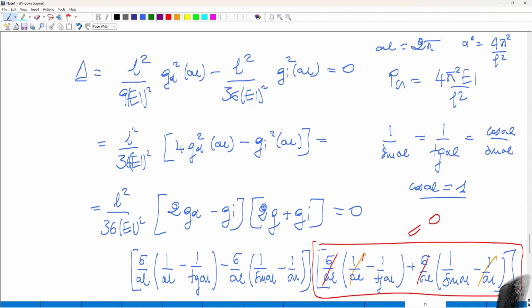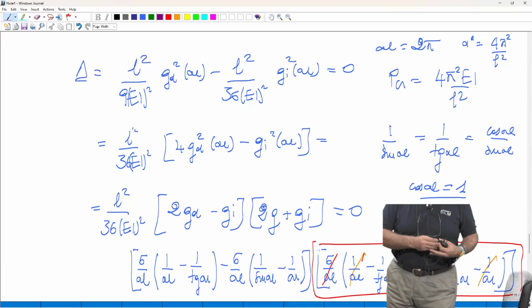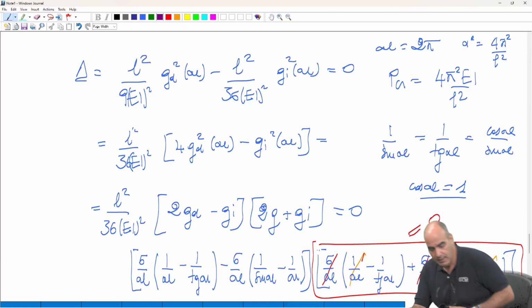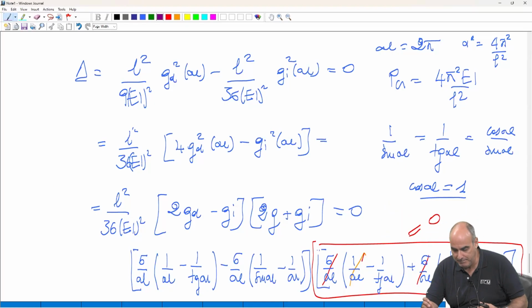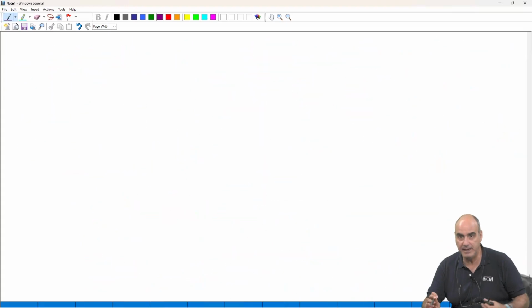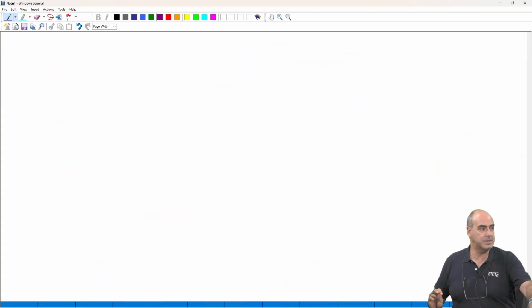And so this means that you have several points of numerical instability. Okay, so the way to go through this is to perform some analytical simplifications and use series development.